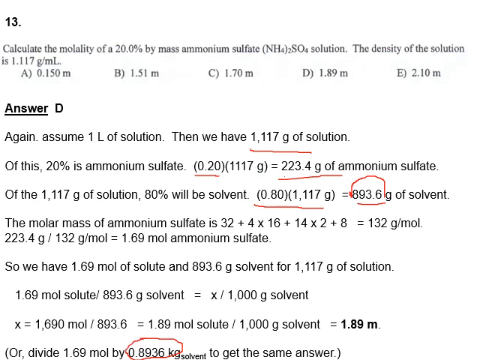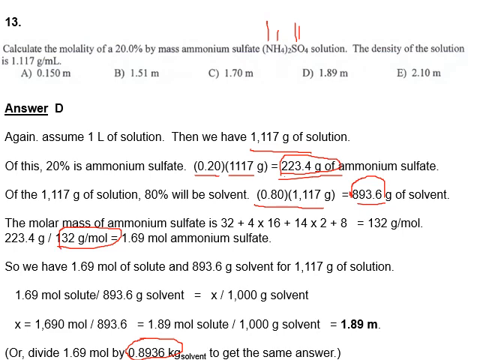And when we multiply 0.2 times 1117 total, we get 223 grams of the solute, which we divide by its molar mass, which doesn't look like they gave it to us. So you would have to do this one yourself, it looks like. So sulfur is 32 plus 4 times 16 plus 2 times 14 plus 8 times 1. Let's see what that turned out to be. 132 grams per mole.